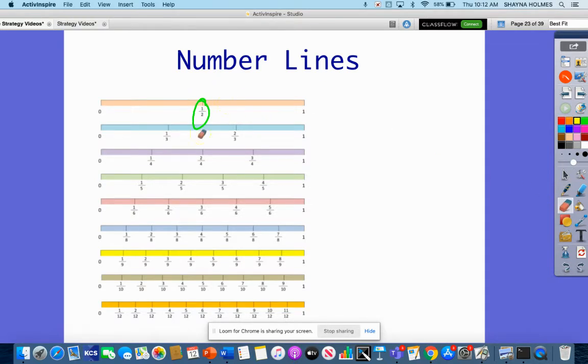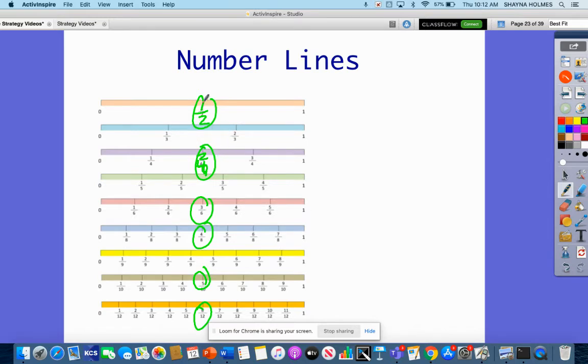Let me actually just write this. So I have 1/2, and then here I have 2/4. These are equivalent. Here we have 3/6, 4/8, 5/10, and 6/12. All of these represent the same amount on their number line.